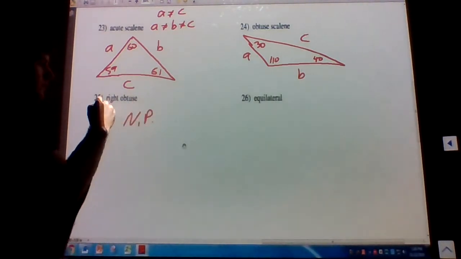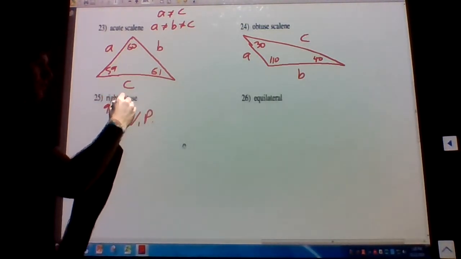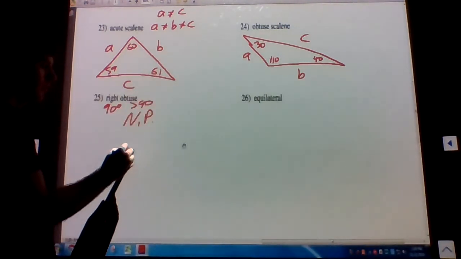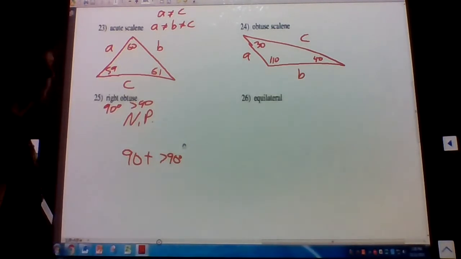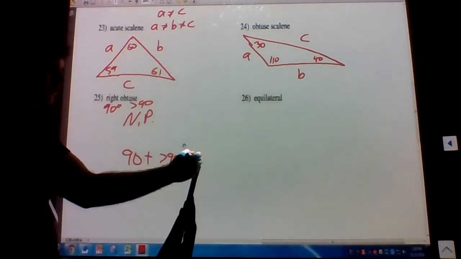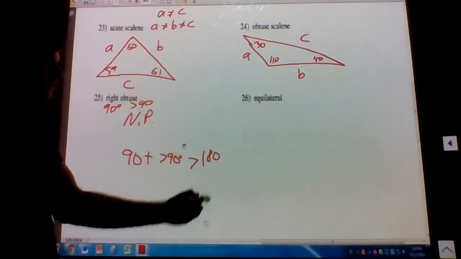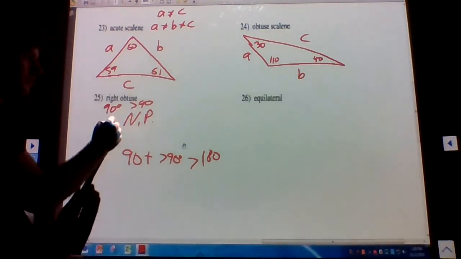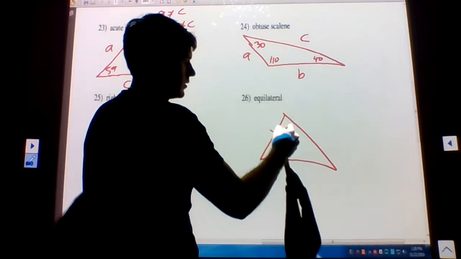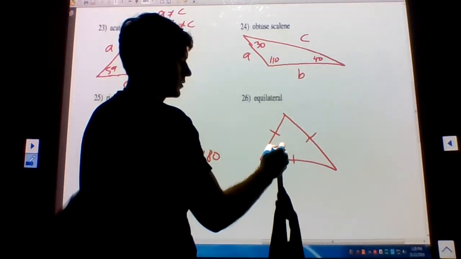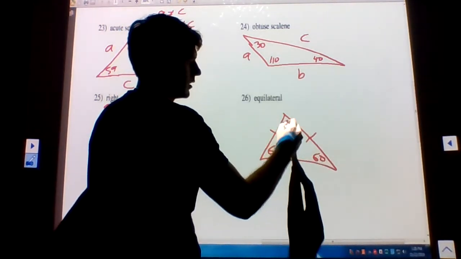If you have a right angle, that's 90 degrees. If you have obtuse, that's greater than 90. So if you have 90 plus something greater than 90, that's going to be greater than 180. So this one's not possible. Then equilateral. We also know it's going to be 60, 60, and 60.